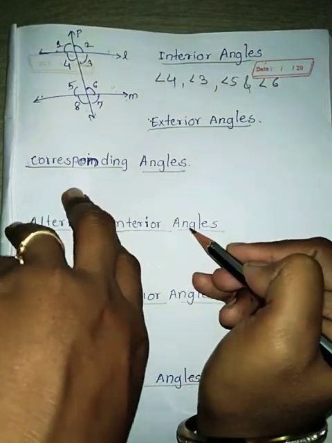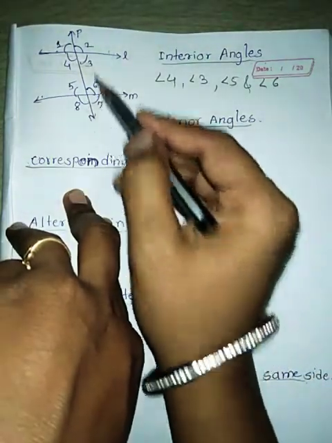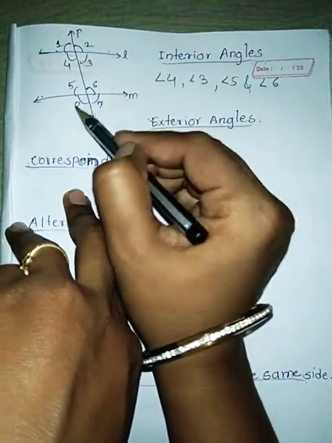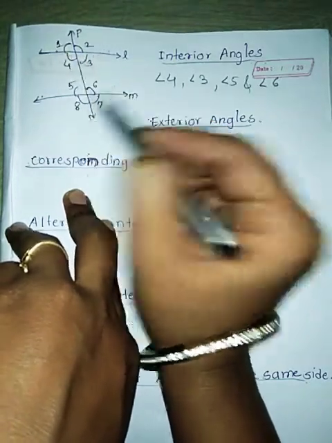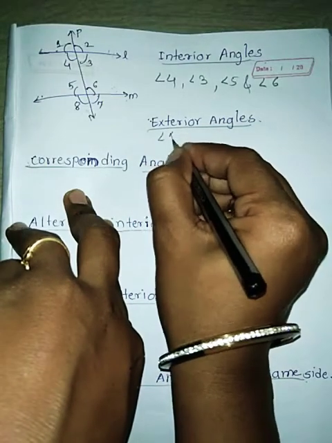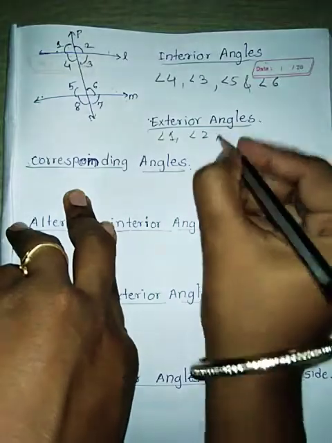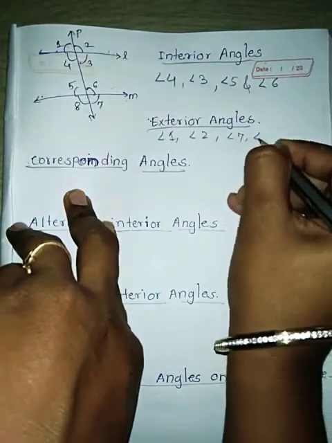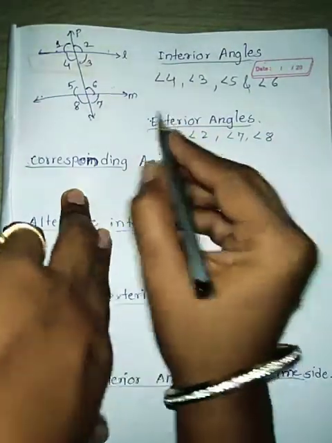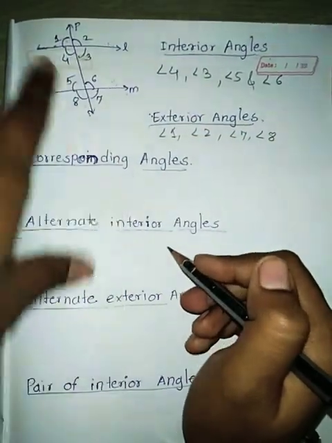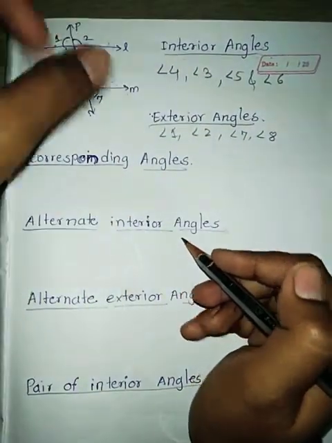Now exterior angles. Exterior angle means outside of the two lines: 1, 2, 7, 8. So angle 1, angle 2, angle 7 and angle 8 are the exterior angles. Okay, interior angles and exterior angles.